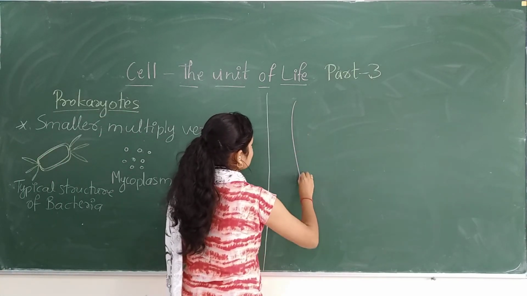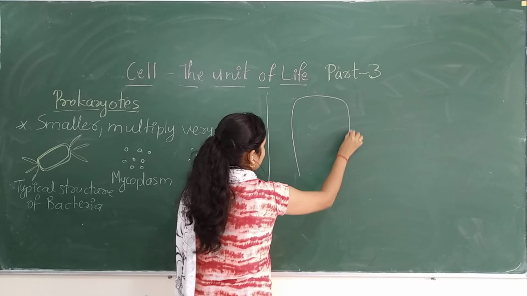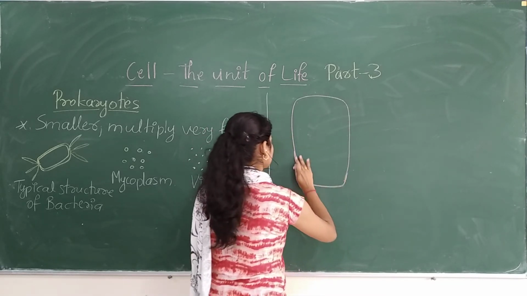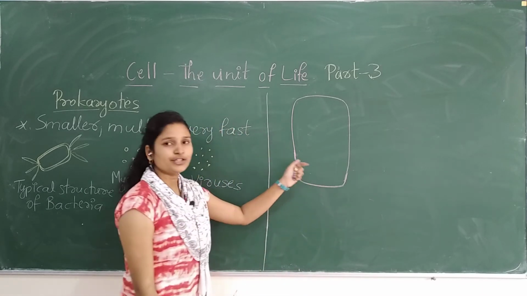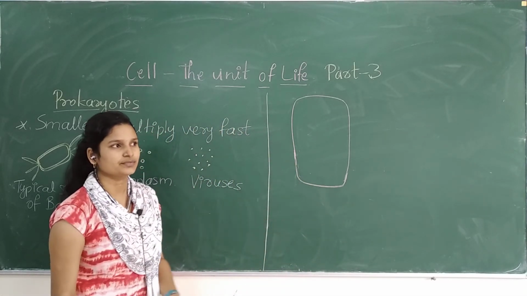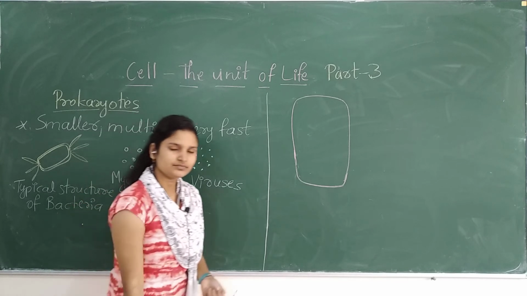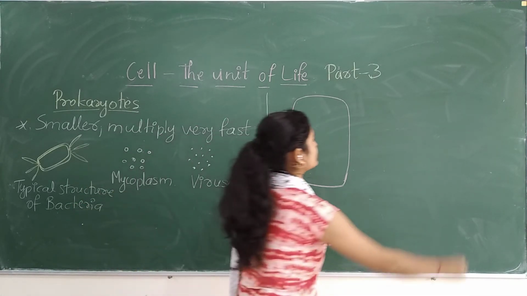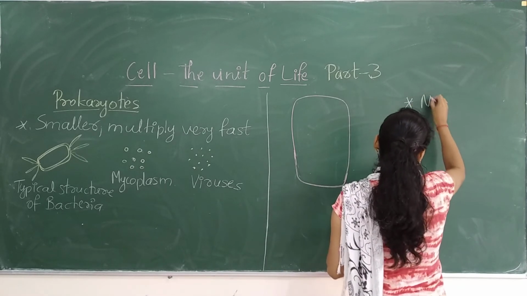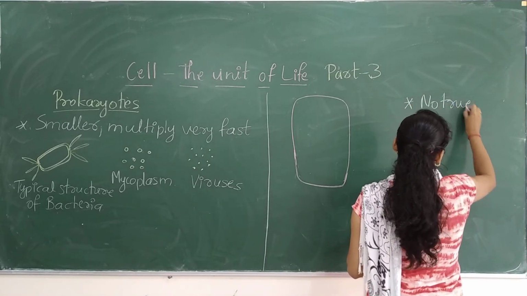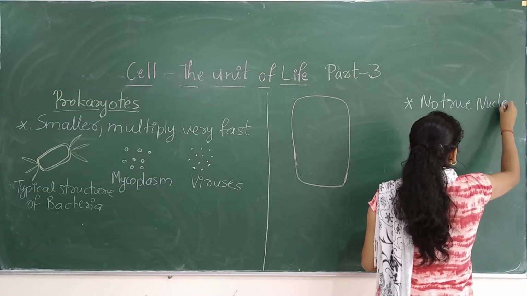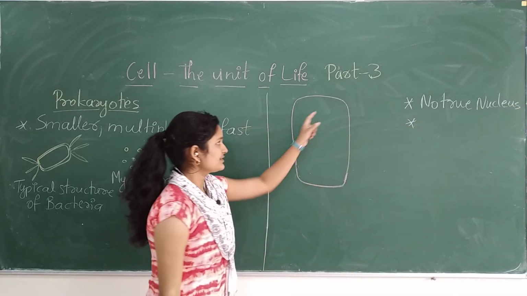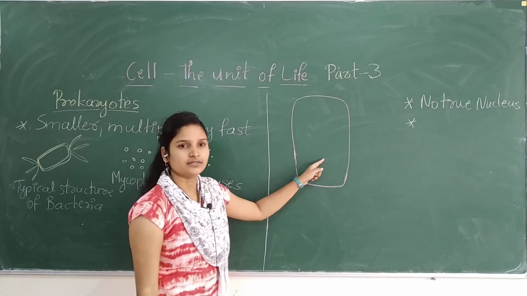So consider this as a prokaryotic cell. Tell me whether the nucleus will be present or not. No true nucleus. So this is the first point, no true nucleus. Then what is the fluid present here?